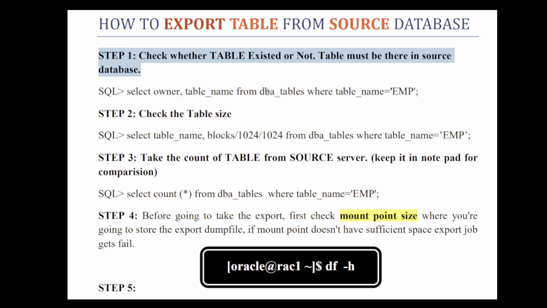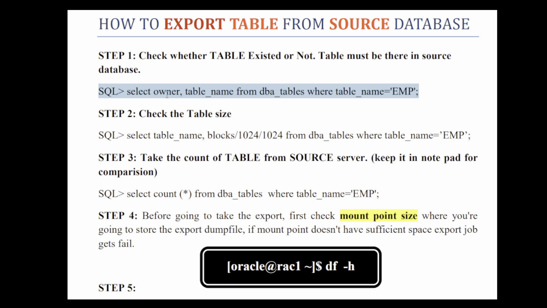For this, we can use dba_tables, which is a database view. In that, owner comma table_name, where owner is the user and table_name is the required table. Select owner, table_name from dba_tables where table_name equals the required table name.